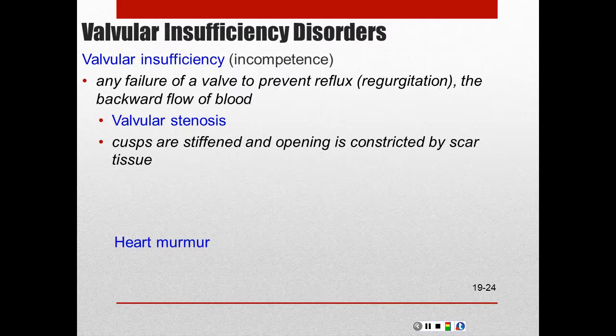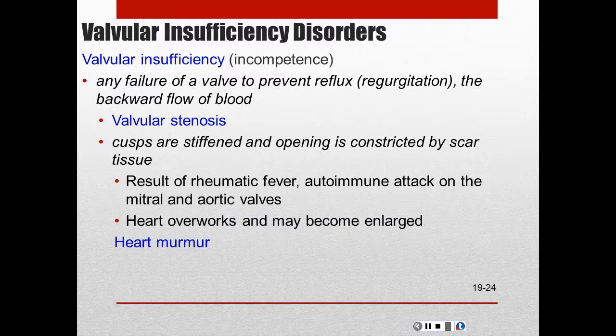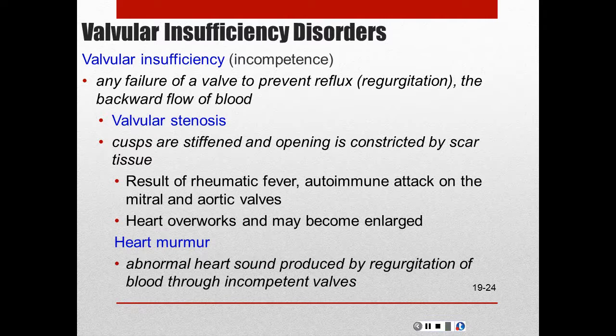We have valvular stenosis, where the cusps are stiffened and opening is restricted by scar tissue, and it results from autoimmune attack on the mitral or aortic valves, so the heart overworks and may become enlarged. Then we have a heart murmur, an abnormal heart sound produced by regurgitation of blood through incompetent valves.